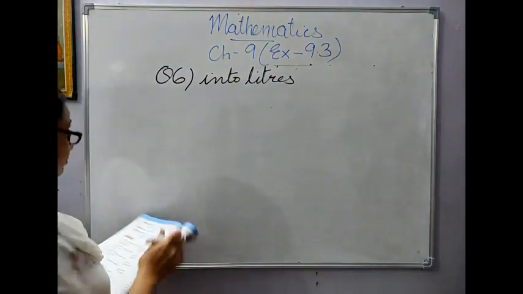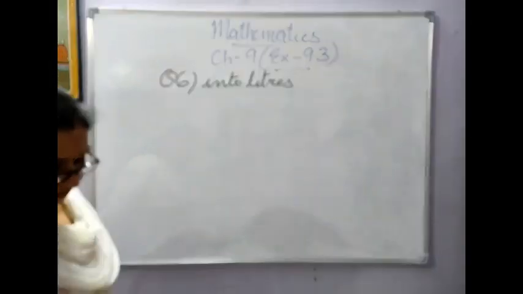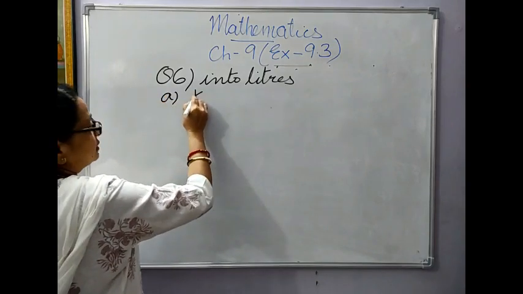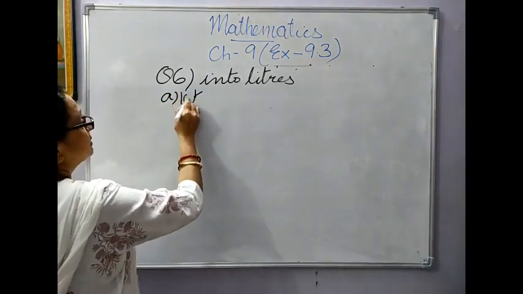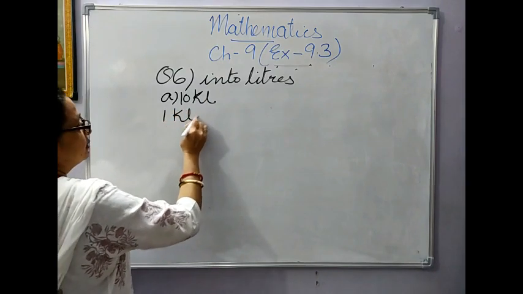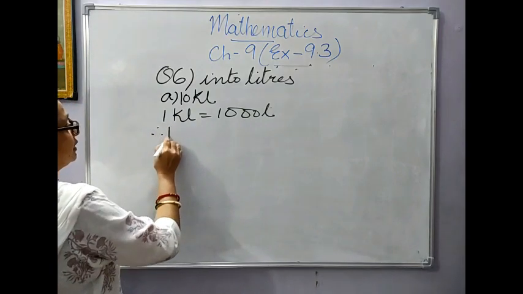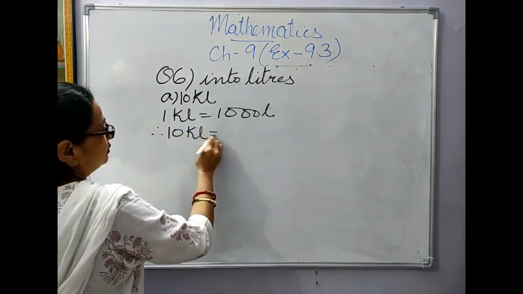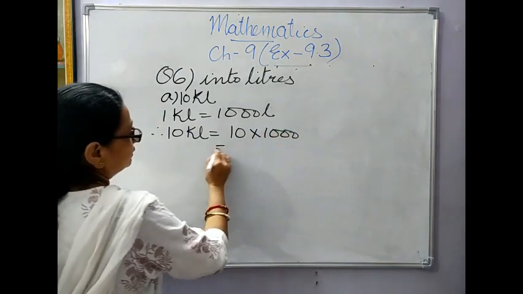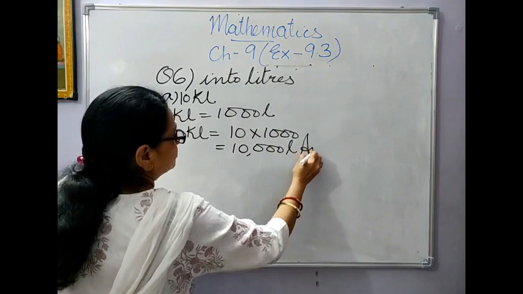In this again, I'll be doing sum number A and D. A is kiloliters, 10 kiloliters. You know, 1 kiloliter is equals to 1000 liters. Therefore, 10 kiloliter will be equal to 10 into 1000, that is 10,000 liter is your answer.